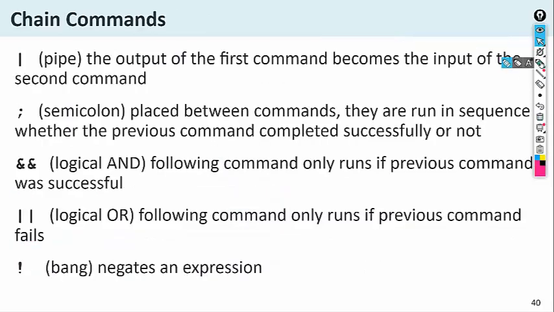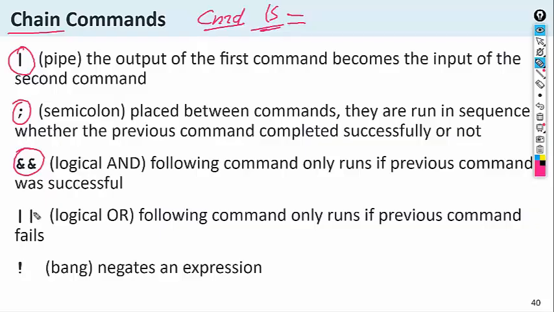Okay. Here is chaining of commands. In a CMD or in a terminal, generally you use a single command like ls. But do you want to run multiple commands? Yes, it is possible by using some symbols like pipe sign, semicolon, logical AND, logical OR, and the bang.